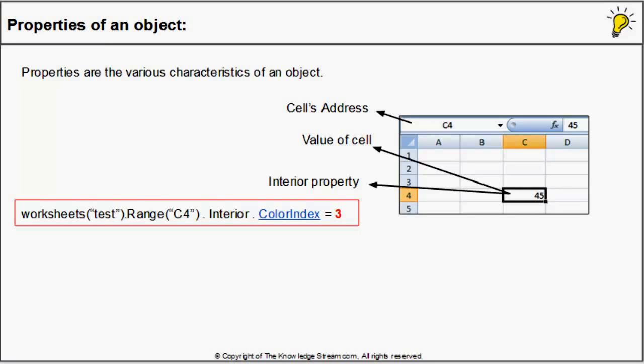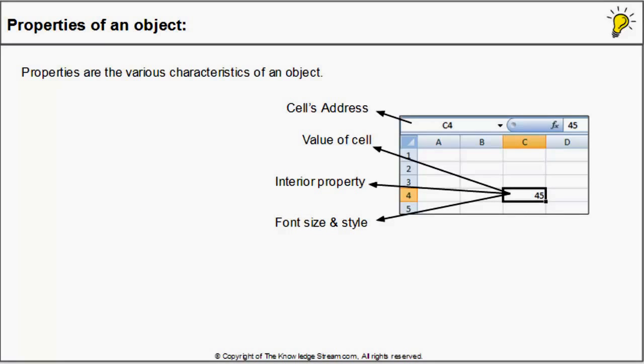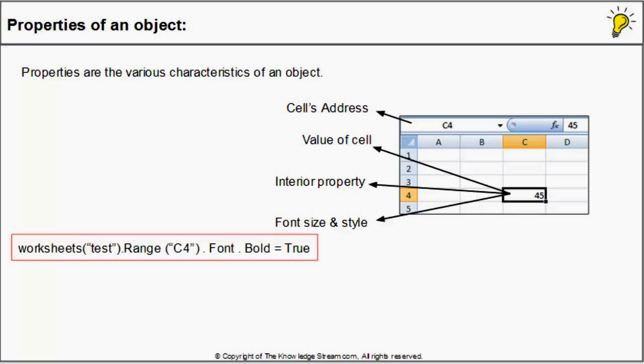Font size and style is yet another property of the cell, which comes handy for accounting reports. You can make the value of a cell appear in bold font through Visual Basic.